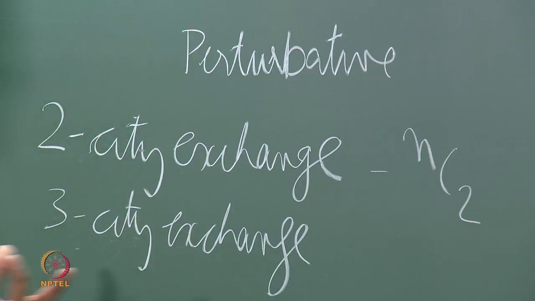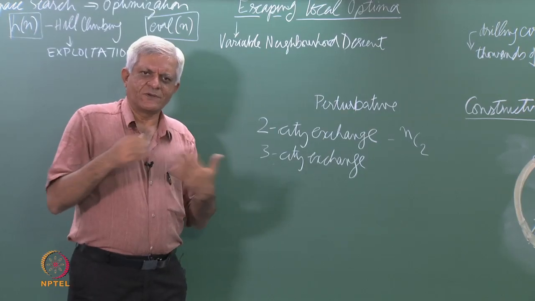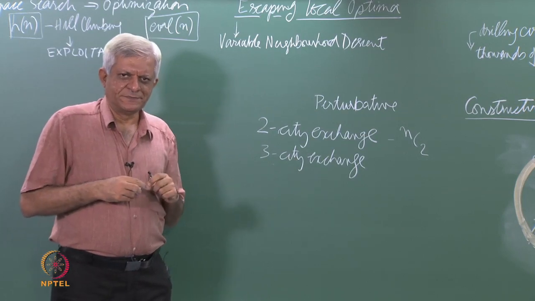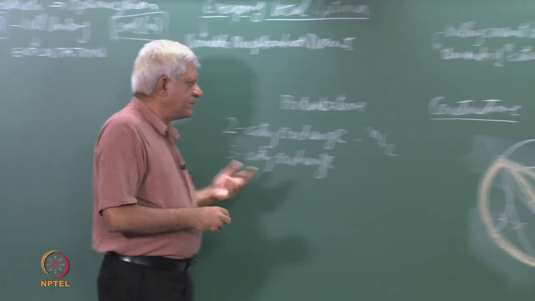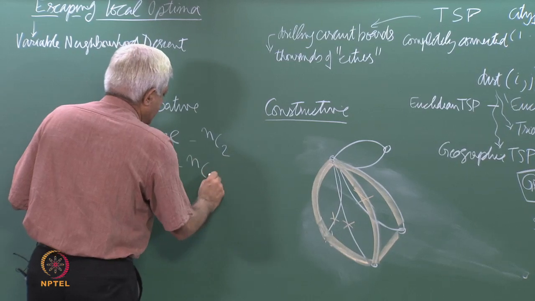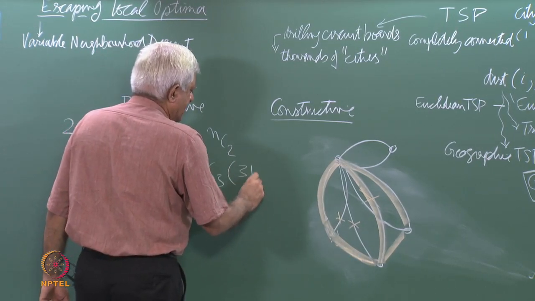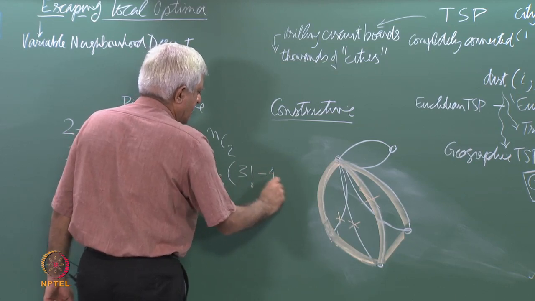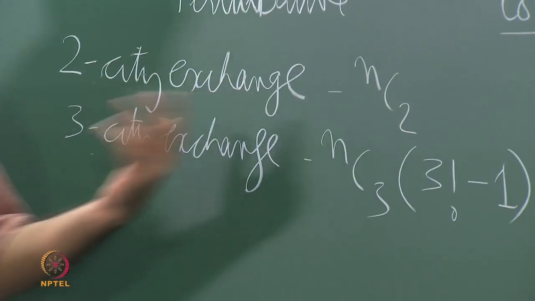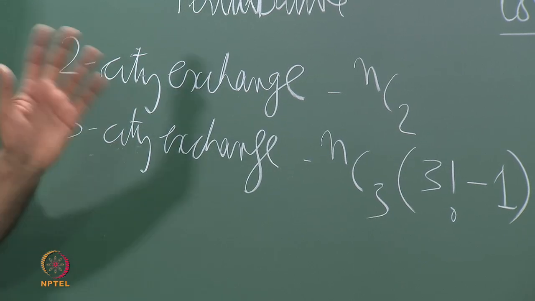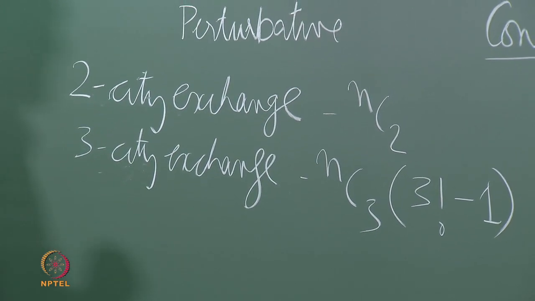What this says is that take out any 3 cities from the tour and put them back in some different order essentially. So, I can pick them in NC3 ways, and then I can put them back in 3 factorial minus 1 orders, because I do not want to put it back in the same order. So, I will generate that many neighbors.